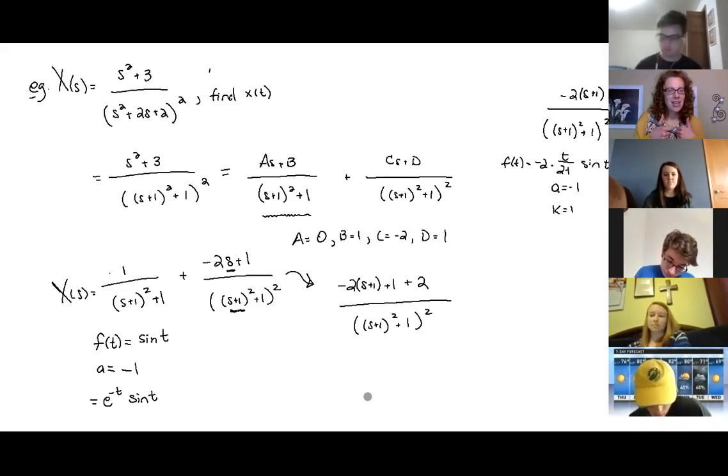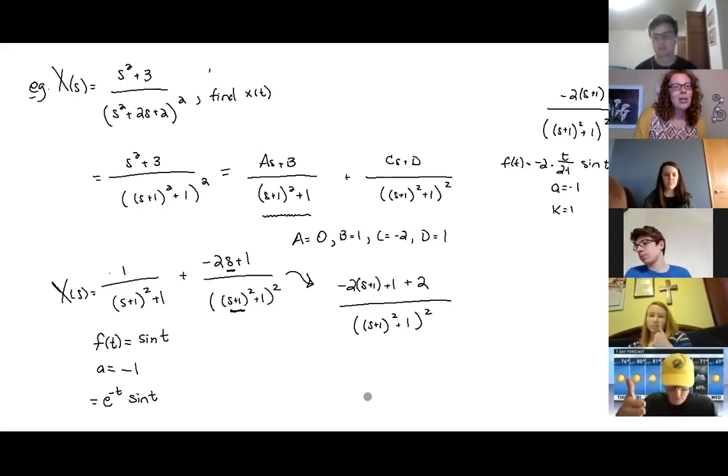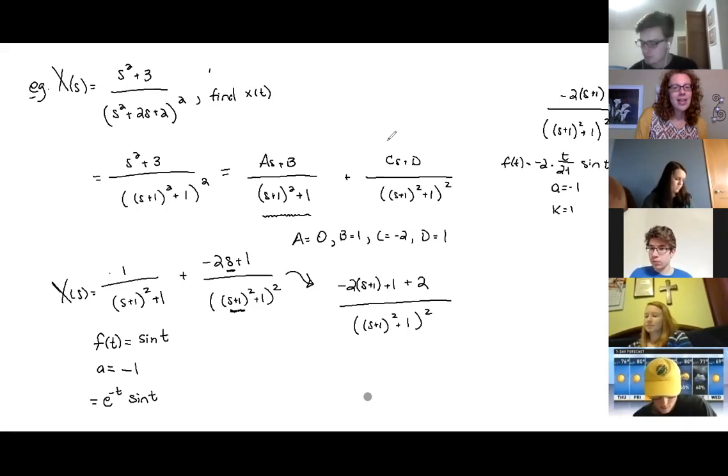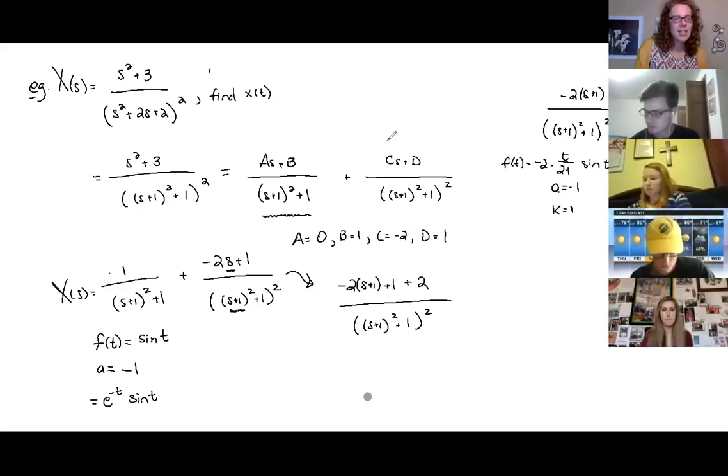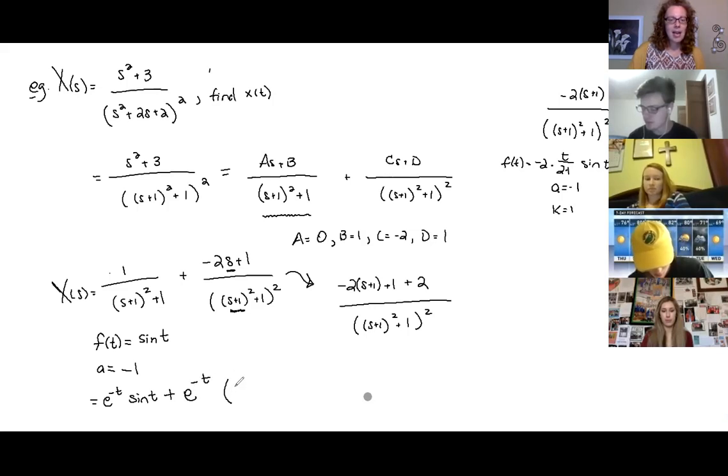Are we good on that one? 9th line? Do we see the 9th line? Yes. Helping me out? Yes. Okay. So let's finally go back, and each of those need an e to the negative t in front of them. So here's my final answer way down at the bottom of the screen, plus e to the negative t times negative 2t over 2 sine of t.